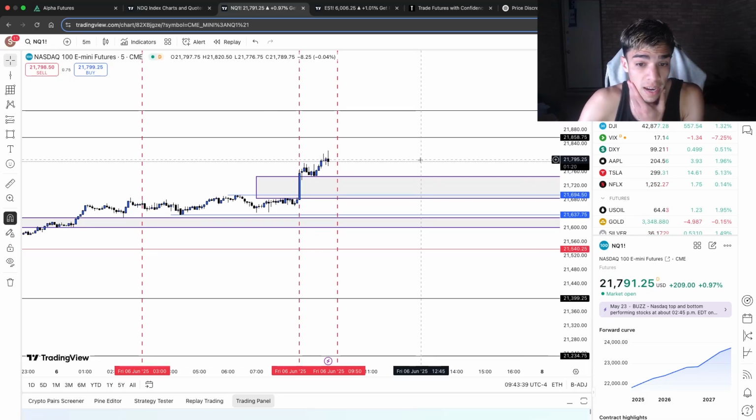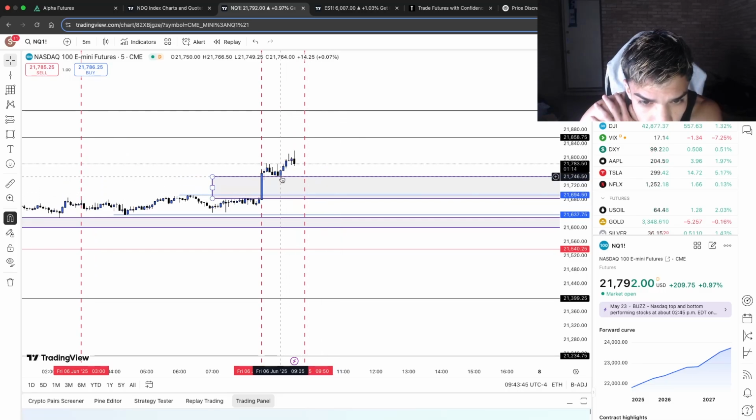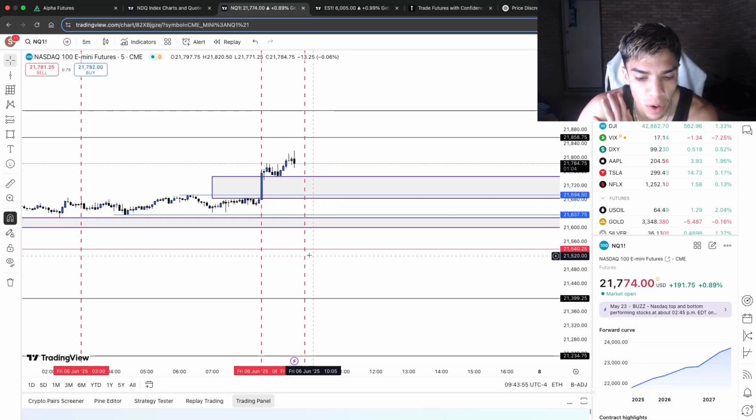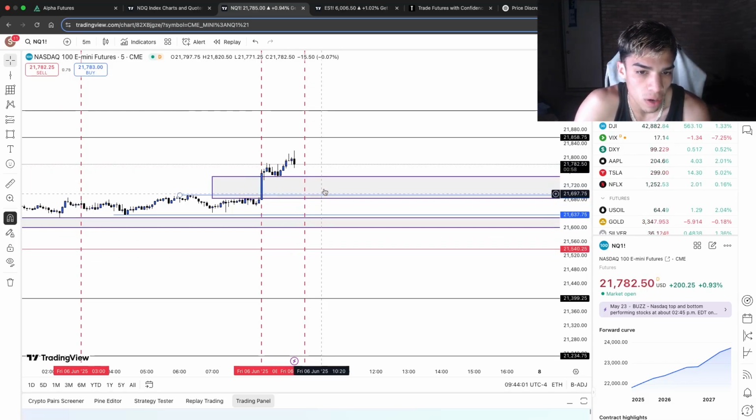That's from my analysis. But I know that with fair value gaps, we need to see it touch. I think it touched here actually, on this black candle, the down candle. I would like to see another black candle touch it, or actually we want to wait till after 9:50, and then I would like to see a break.